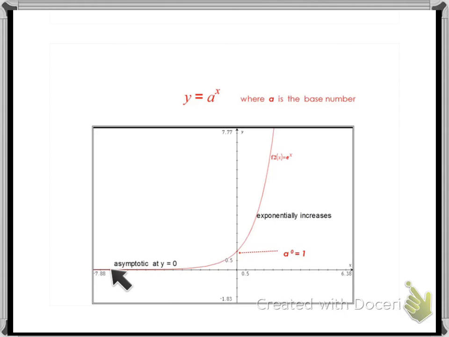So it's always greater than 0, and that's what we looked at in our equations. So it's asymptotic, and then it starts to rapidly increase. It's got exponential growth, exponential increase for positive values. It goes up very fast. And another important thing here, when x is 0, you've got the base number to the power of 0, which is the number 1. So your y-axis intercept for a simple function like this is 1.